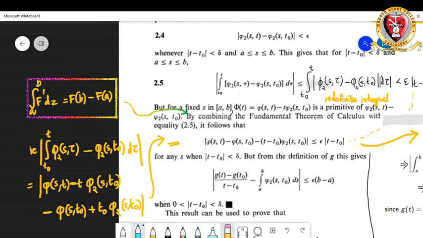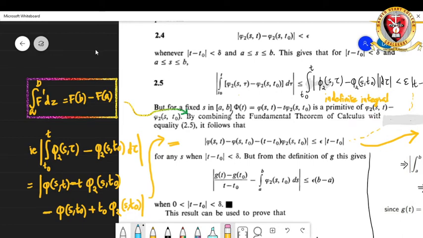So when you solve all these out and use the fundamental theorem of calculus, you get that this term sitting here is less than or equal to epsilon into modulus of t minus t naught.